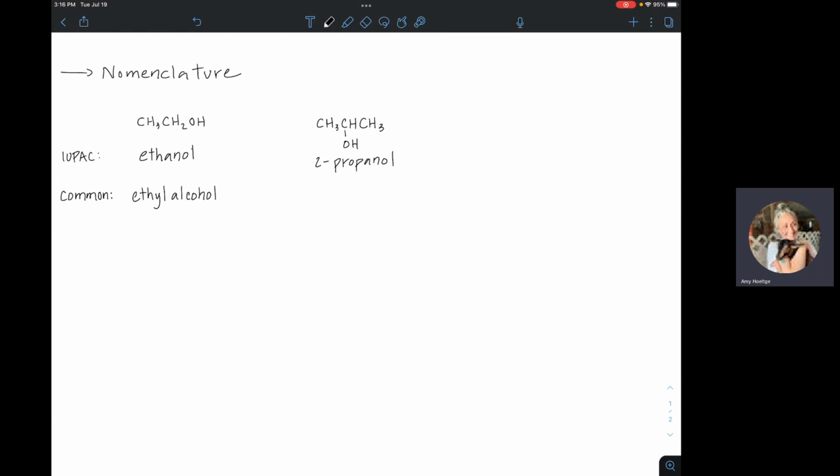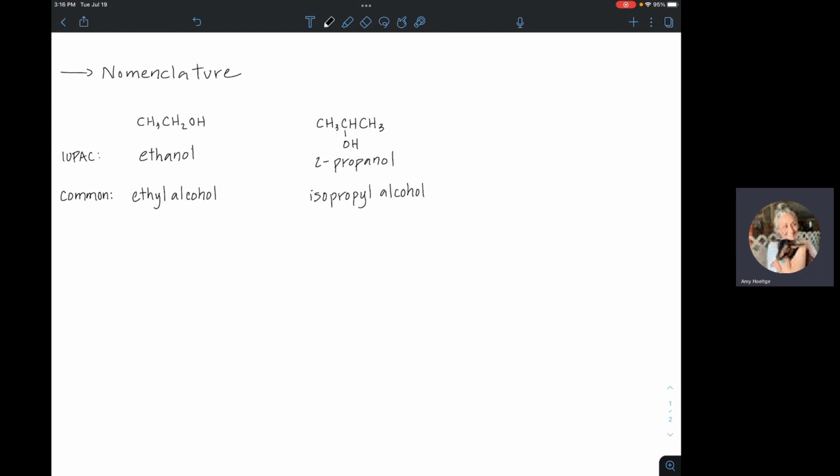In common nomenclature, we're going to take the name of the alkyl group that's attached to the hydroxyl group, and then we're just going to follow it up with the word alcohol. So that alkyl group that's attached to the hydroxyl group is an isopropyl group. And then we'll just say alcohol. Sometimes we'll smush the two together. I'm sure you've heard of isopropanol, right?